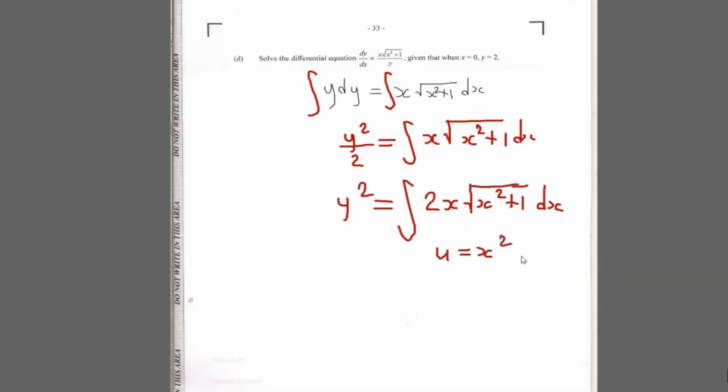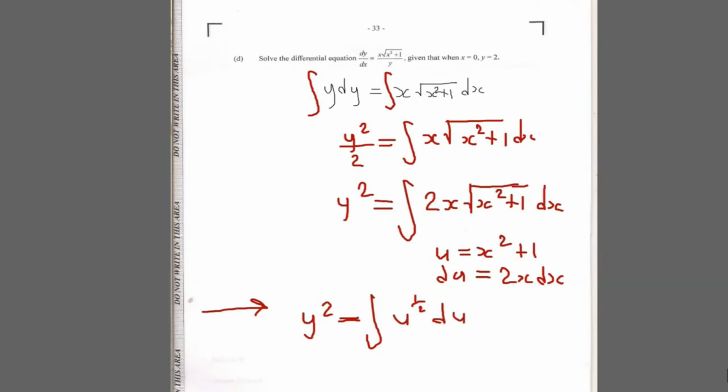If u is x squared plus 1, then du is going to be equal to 2x dx. So y squared is equal to the integral of the square root of u, which is u to the half, du.